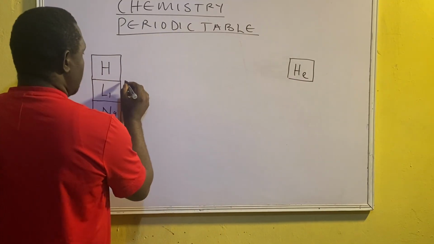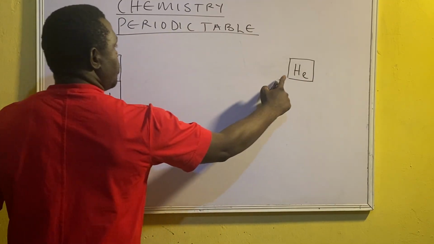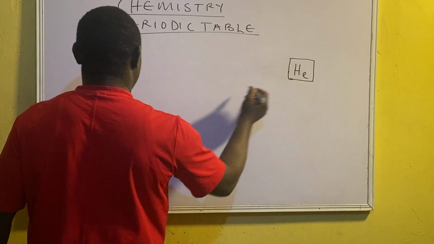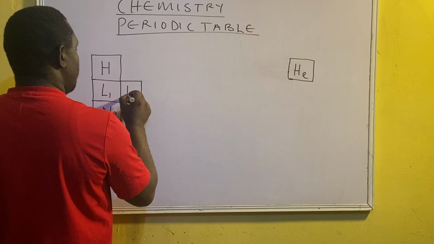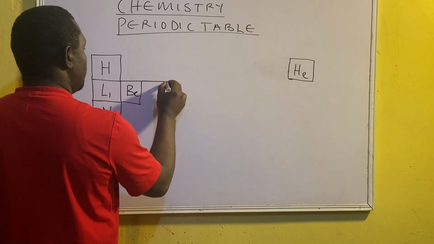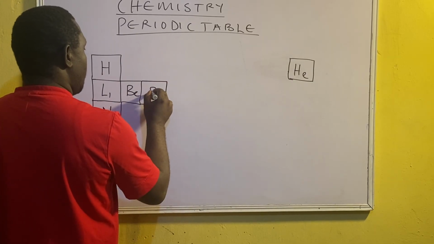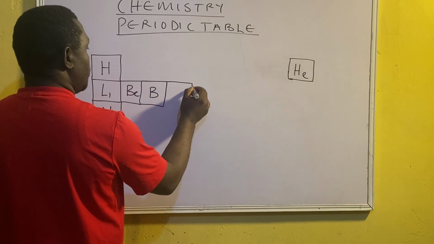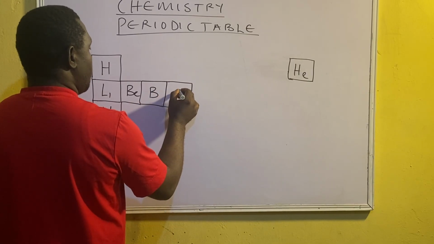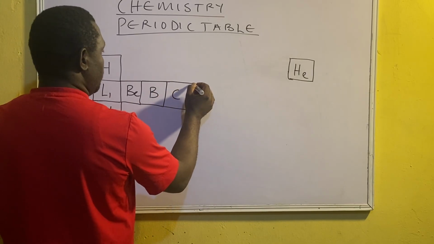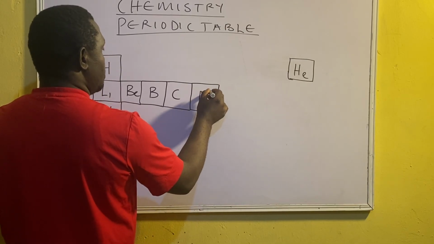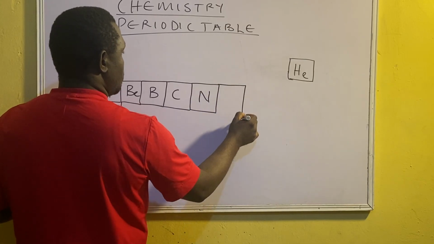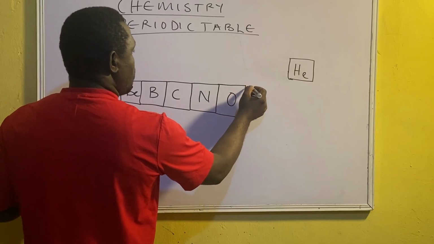Then I could have beryllium, here my boron, here carbon, my nitrogen, and my oxygen.